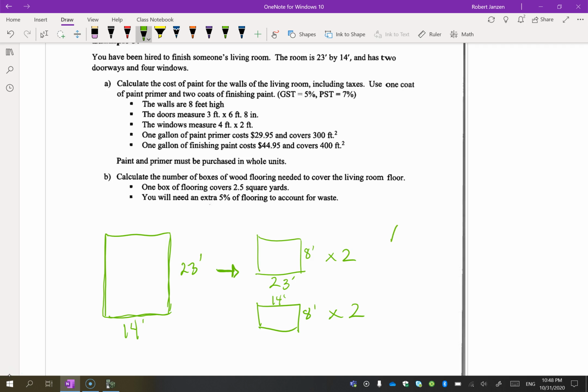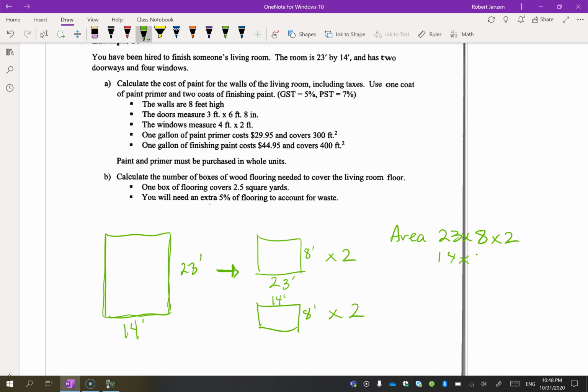So let's find our area here. So you're going to have 23 times 8 times 2. You're going to have 14. Oh, pen's not working. Hang on one second. So what we're going to do is we're going to add this up, and then we'll subtract the parts that are missing, like the windows and the doors, because you don't have to paint those areas.